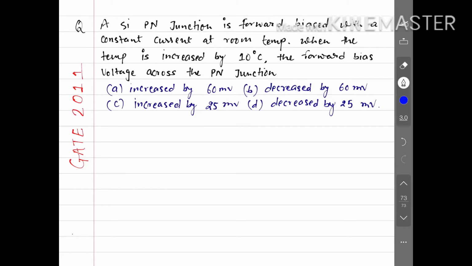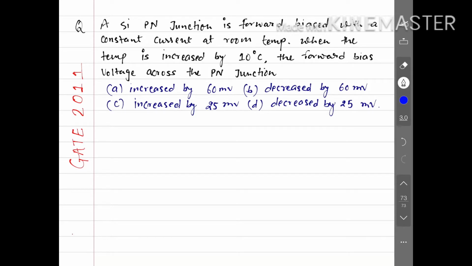Hello friends, so today in this video we are going to solve a question which was asked in GATE 2011, right? And the question is, a silicon PN junction is forward biased with a constant current at room temperature.